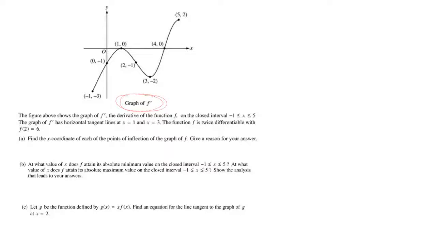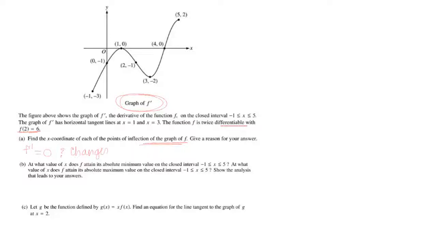And f is twice differentiable, so it is continuous. And we know f at 2 is 6. So for part A, find the x-coordinate of each of the points of inflection. So points of inflection, that's where my second derivative equals 0 and changes signs.